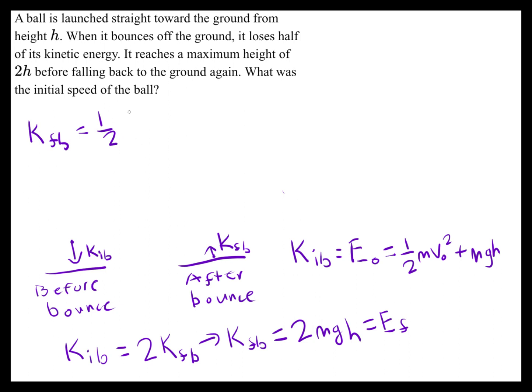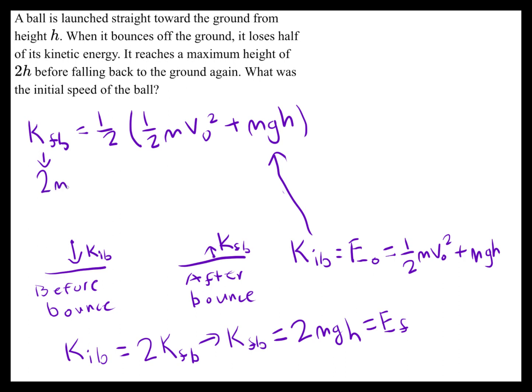So that's 1/2 of (1/2 mv squared plus mgh), which is just the expression that we found here. And this is equal to 2mgh, which is also what we found earlier. Now we have to solve for the initial velocity.